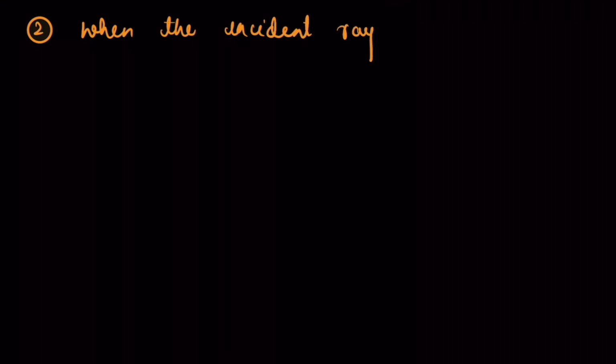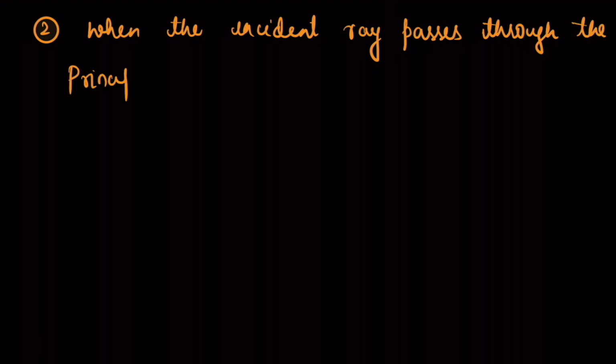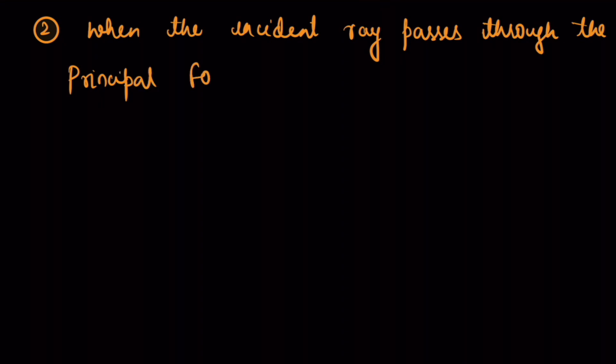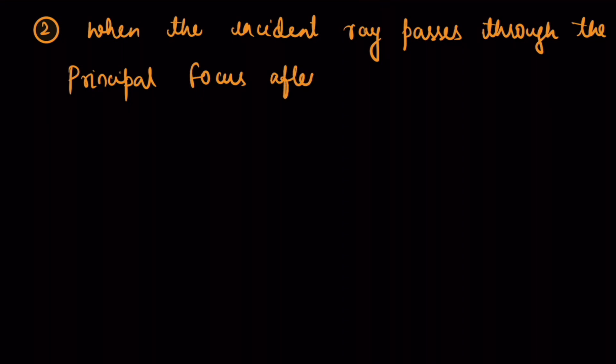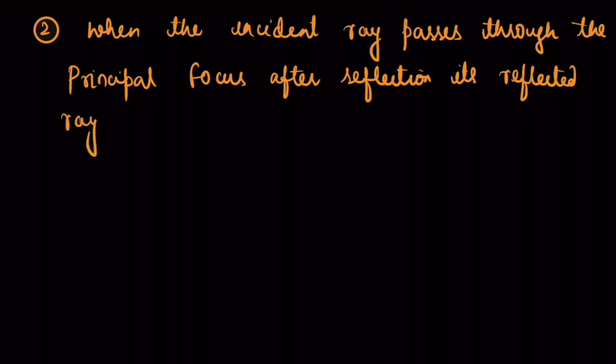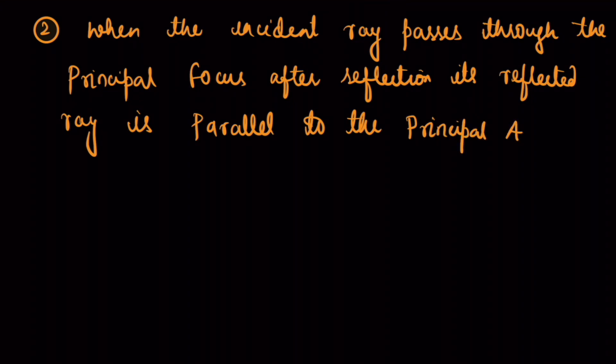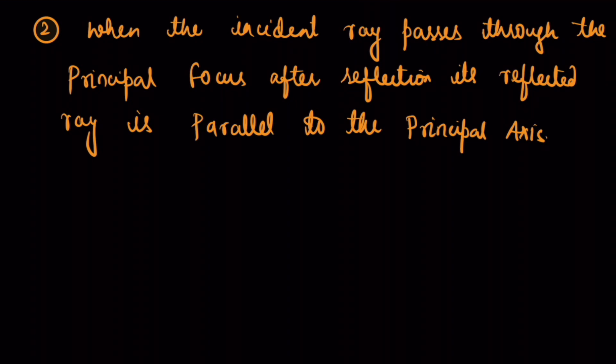It means that when the incident ray passes through the principal focus, after reflection, its reflected ray is parallel to the principal axis. So as I told, it is a reverse of rule 1.